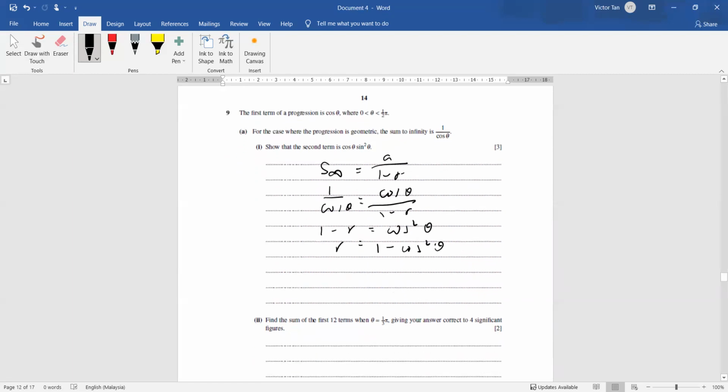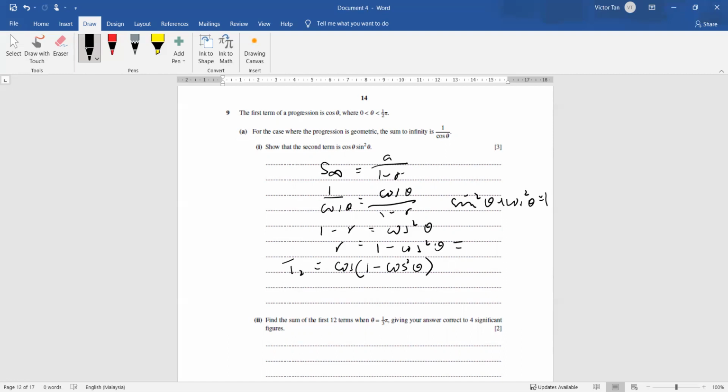Okay. So the second term, T2, is the first term, which is cos theta, times the ratio. So this 1 minus cos square theta, using the first identity, sine square theta plus cos square theta equals 1.